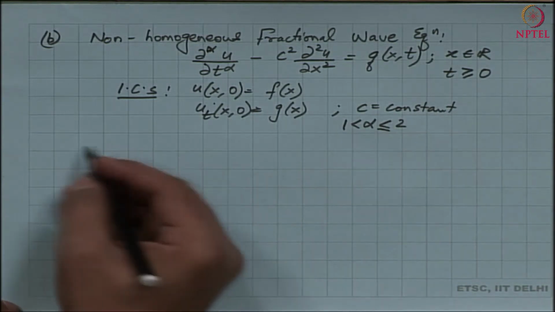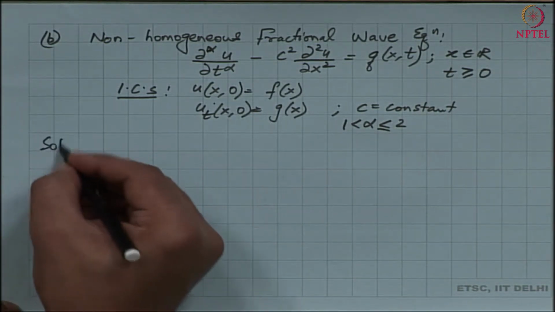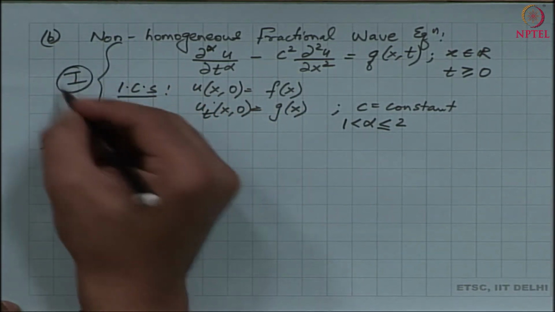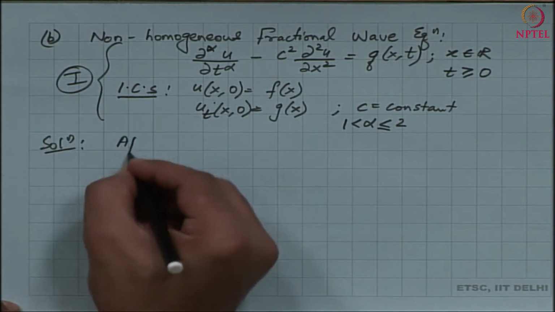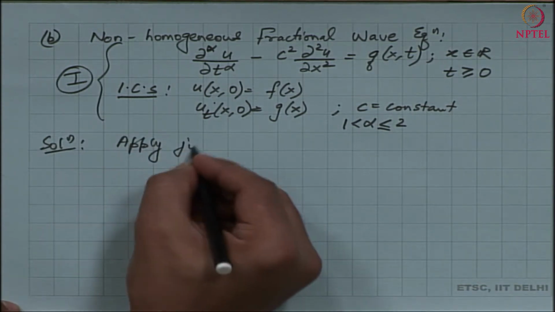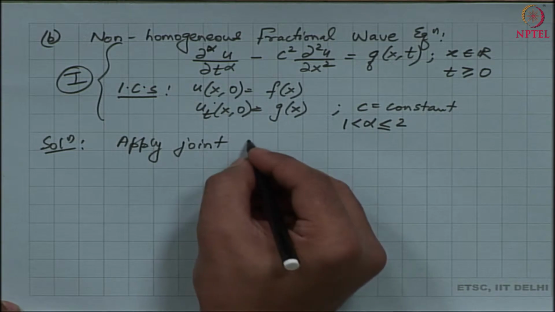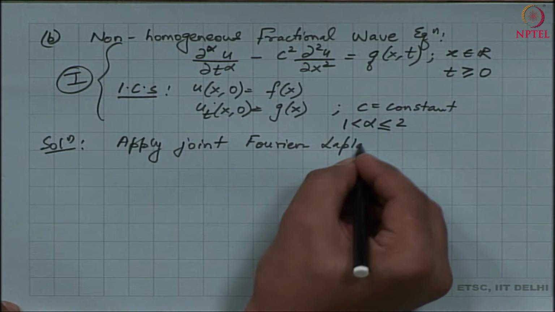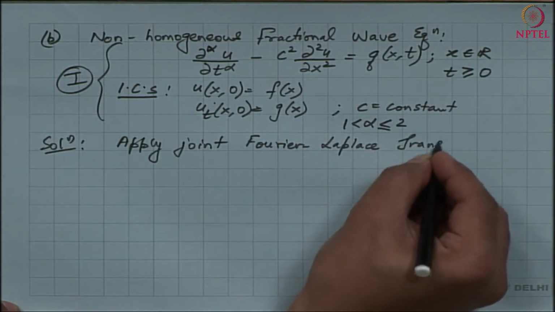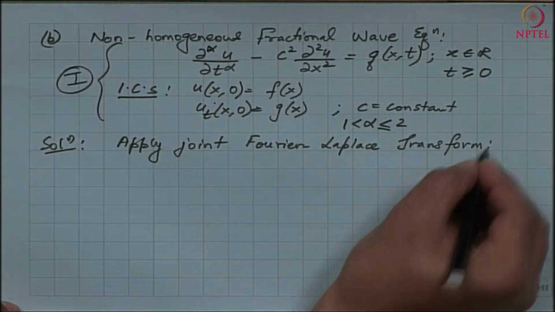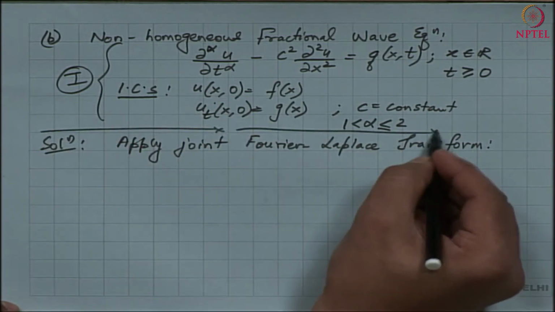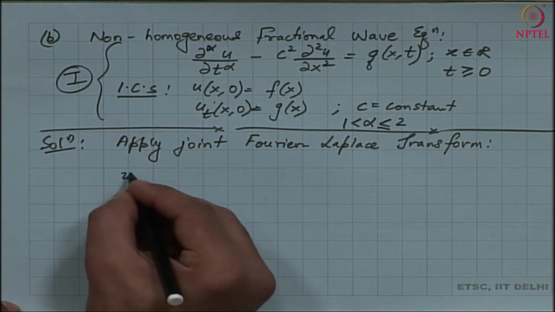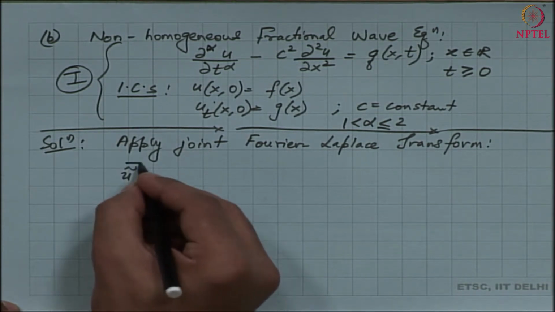So, let us right away see what the solution to this equation, let me call it equation 1, is. If I apply the joint Fourier Laplace transform, I see the following solution.